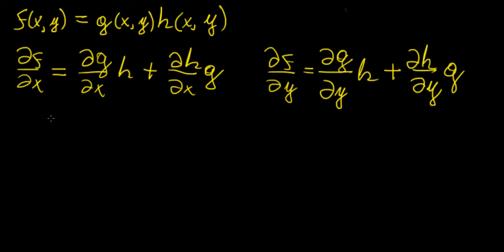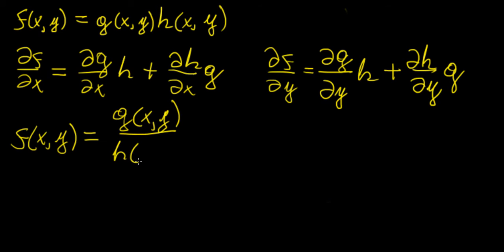Now obviously this can also be applied to the quotient rule. So now let's have two functions, a ratio of two functions. And then the quotient rule, if you remember, is going to be the following. Let's have the partial derivative of f with respect to x.